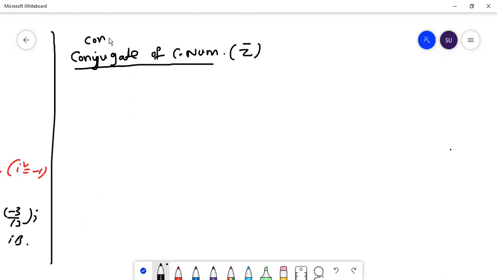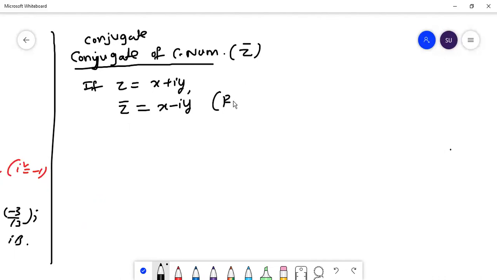Just don't forget, this is conjugate. So if Z is equal to x plus iy, then Z bar is defined as x minus iy.